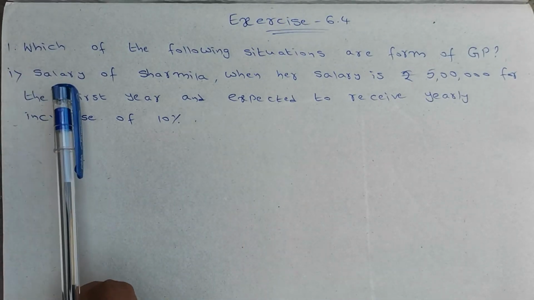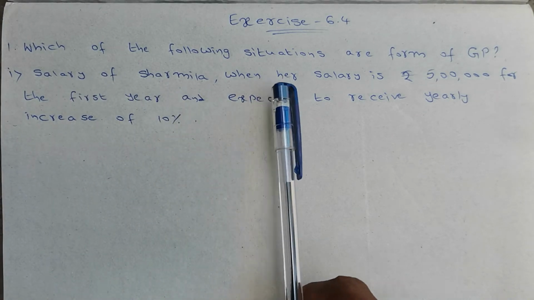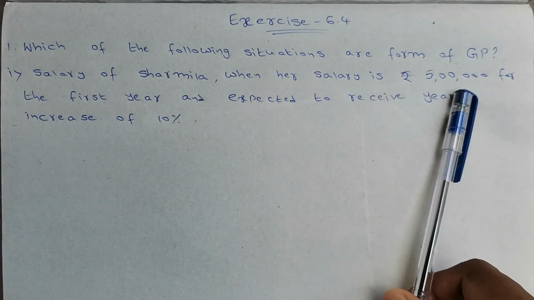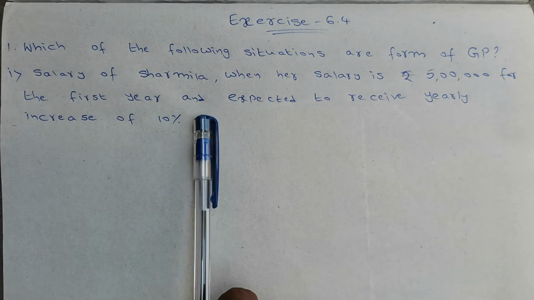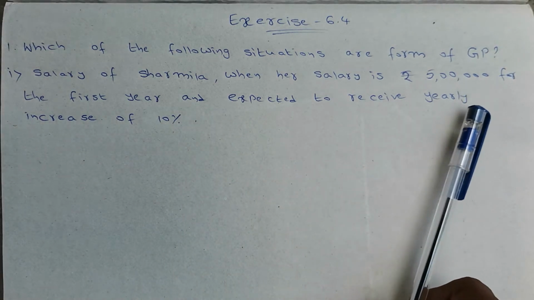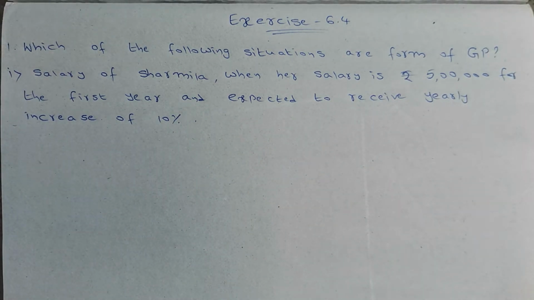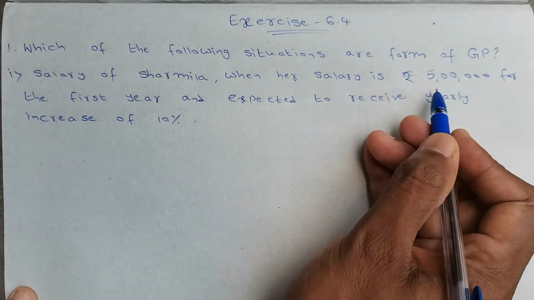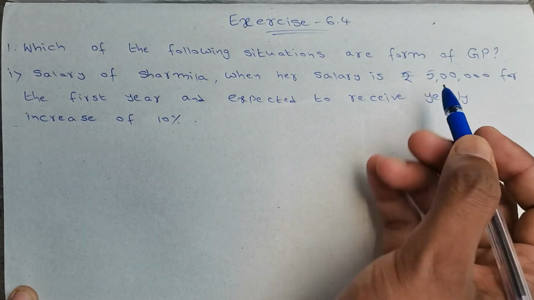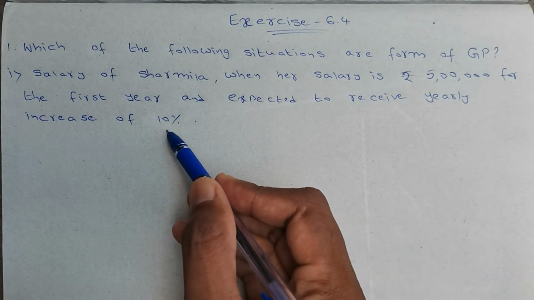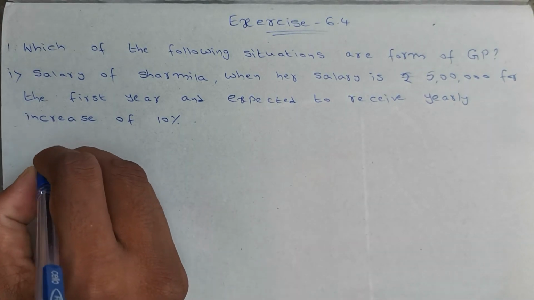Okay, in that, the first question is the salary of Shamila, when her salary is 5 lakh rupees for the first year and expected to receive a yearly increase of 10%. So in the beginning she has 5 lakh rupees and every year it keeps on increasing by 10%.